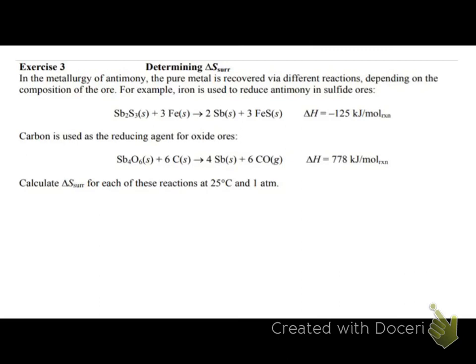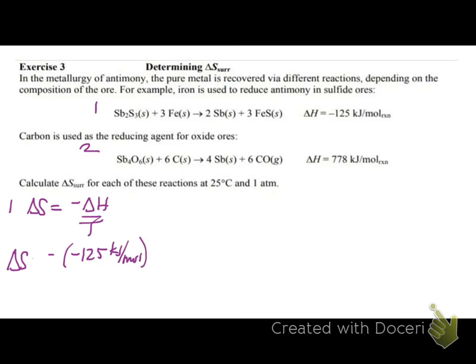Okay, so we have the first one, the antimony, and then carbon is the other one. Let's do the first one first. We're going to call this 1 and 2. So for 1, we know that delta S is equal to negative delta H over T. So delta S is equal to negative of a negative 125 kilojoules per mole divided by, what was our temperature? 25 degrees Celsius.